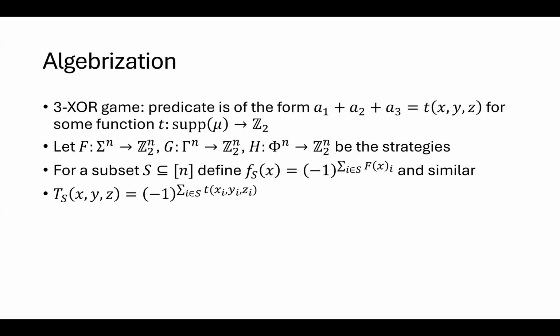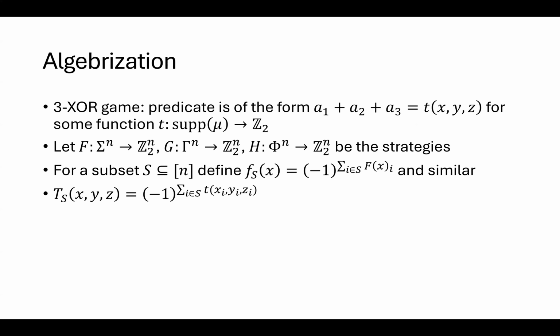The capital F, capital G, and capital H denote the strategies. Formally, a strategy, at least capital F, is a function from sigma to the n to Z mod 2 to the n. What this means is that F takes as input an n-tuple of symbols in sigma and outputs an n-tuple of answers, each in Z mod 2.